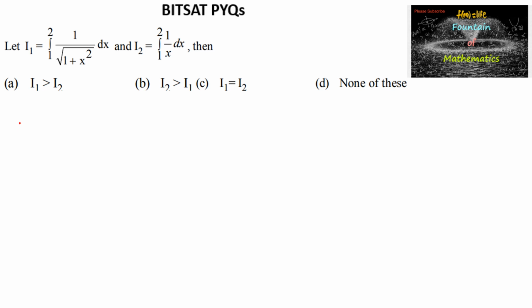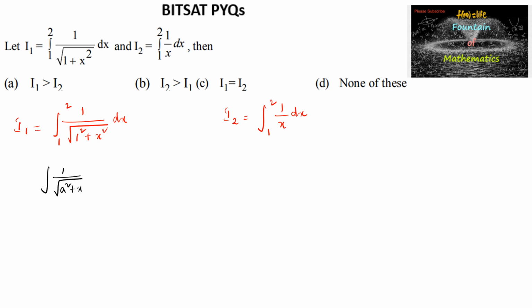Given two integrals, I1 is equal to the integral 1 to 2 of 1 upon root of (1 square plus x square) dx, and the integral I2 is equal to the integral 1 to 2 of 1 upon x dx. So here we know that the integral of 1 upon root of (a square plus x square) dx is equal to log mod of (x plus root of x square plus a square) plus c, and the integration of 1 upon x dx is log x.